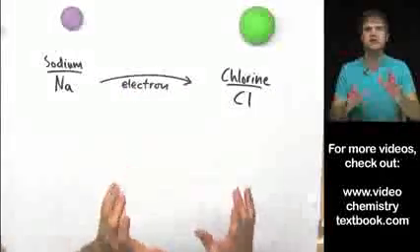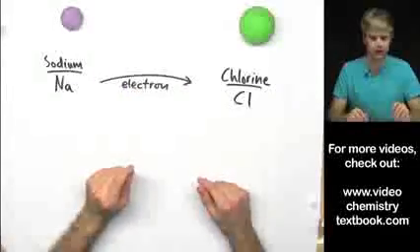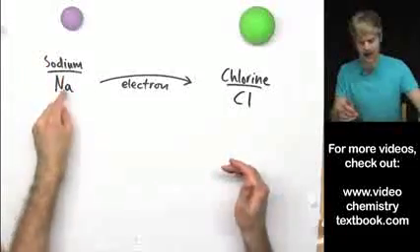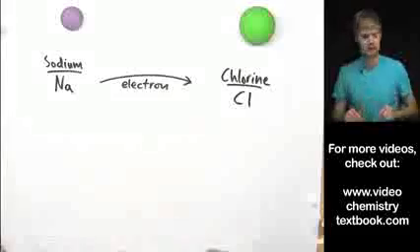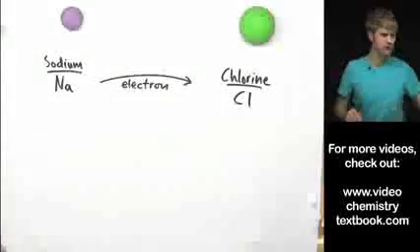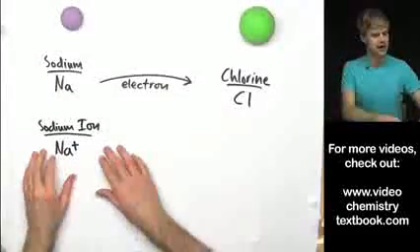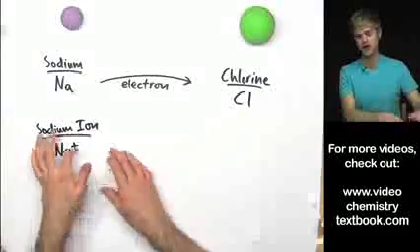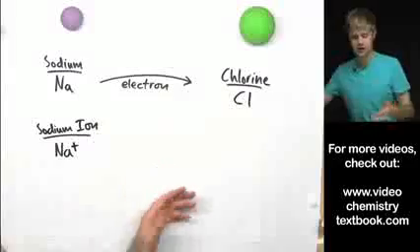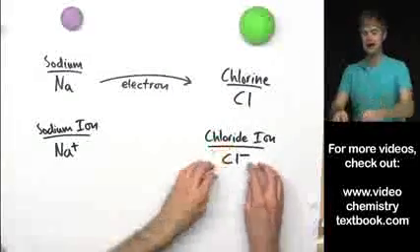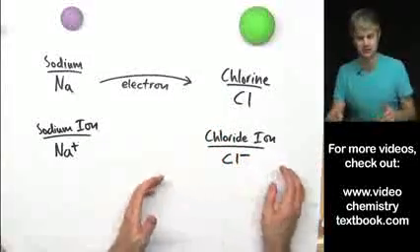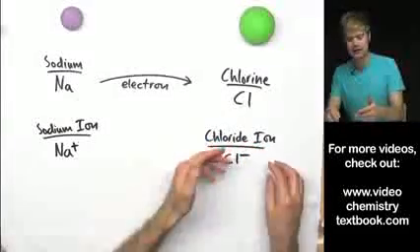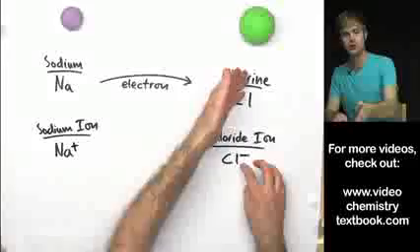Finally, let's just talk naming really quickly. When this ionic bond forms, we start with sodium, Na, and chlorine, Cl. Sodium loses one of its electrons to chlorine, so that gives us a sodium ion, which we can abbreviate as Na+. And since chlorine gets an extra electron, it becomes a chloride ion, Cl-. We call it chloride because chloride is the negative version of chlorine.